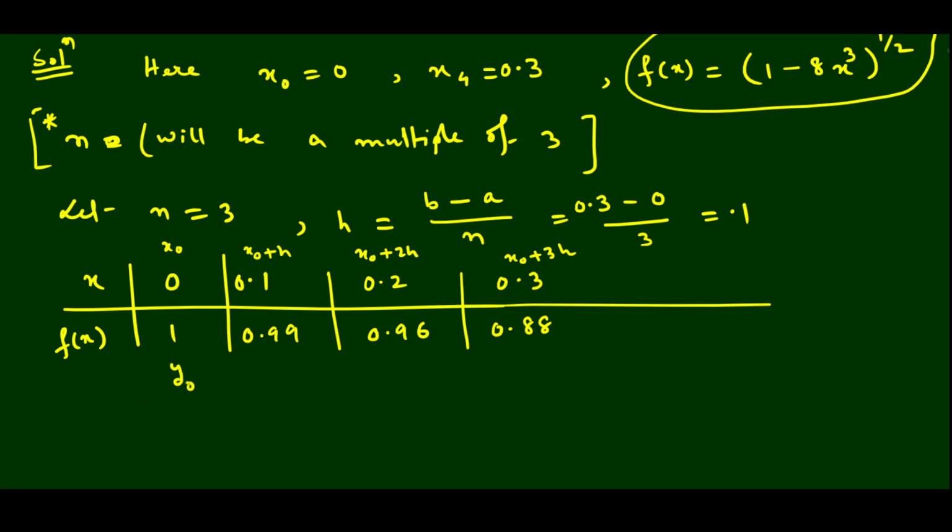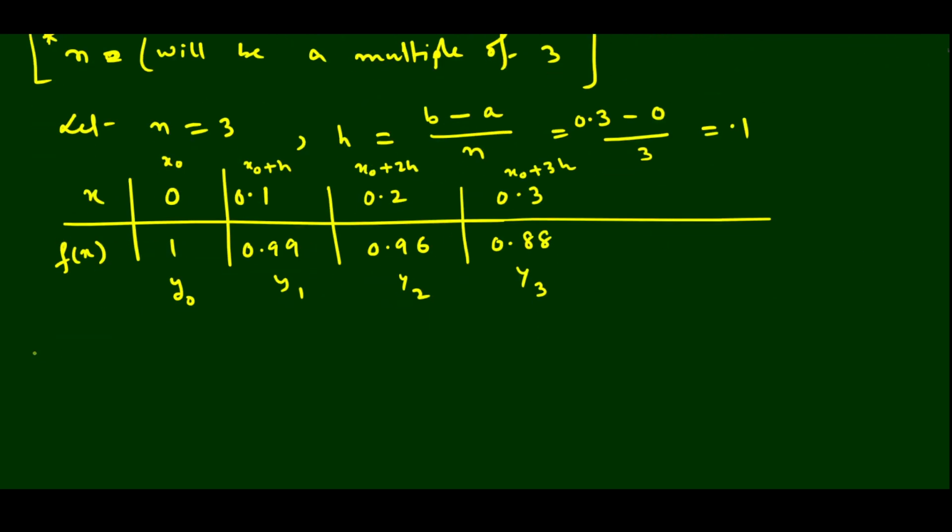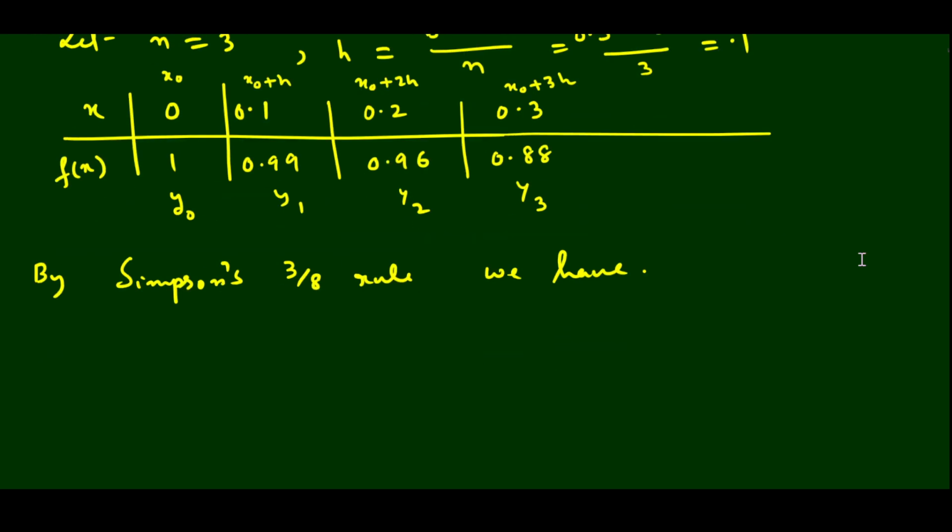But these values we have to denote y naught, then y1, y2, and then y3. Because in the formula we have to put all these. So by Simpson's 3/8 rule, what is the formula? It's the integral from 0 to 0.3 of f of x dx.